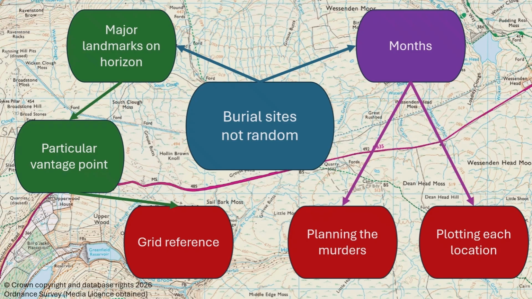The three graves at Hollinbrown Knoll are 64, 80 and 137 metres from the road, so very close and not involving hours of trekking, and at that time there were 3 laybys to park at right there.